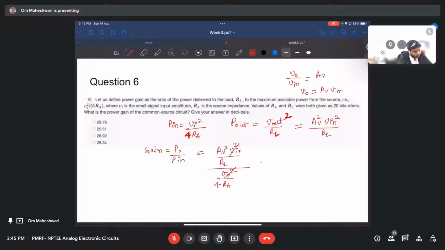V in square cancels, and we get AV square times 4RA by RL.